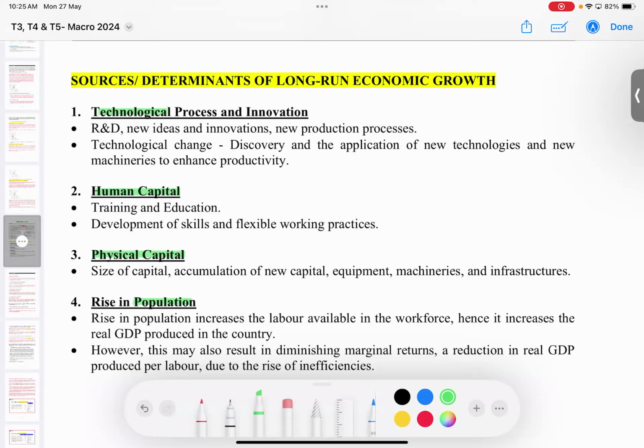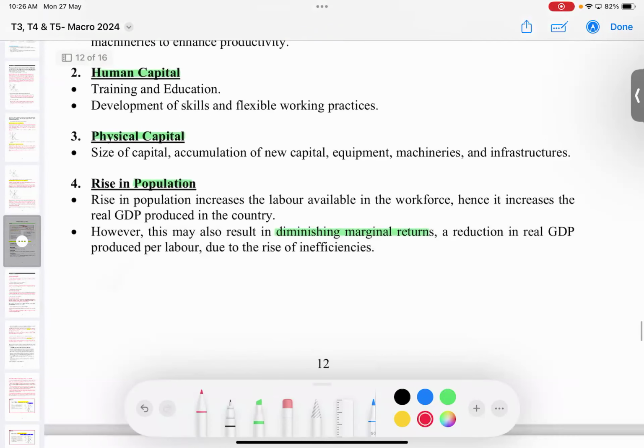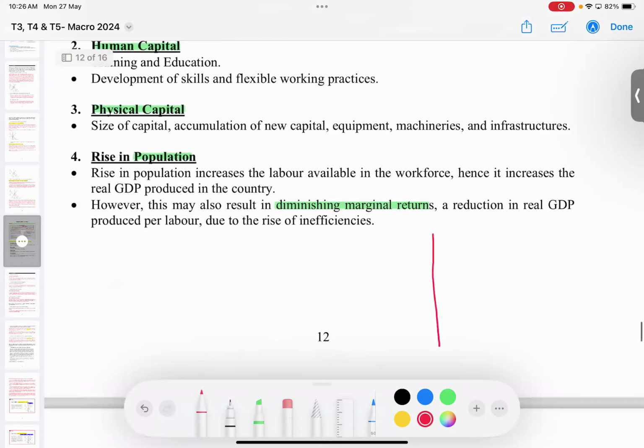But remember, there's a risk for the increase in quantity of resources is that it could result in the diminishing marginal returns. If you still remember, when you learn in the first lesson, you learn about production function, right? So you learn about this is your real GDP, this is your quantity of your labor.